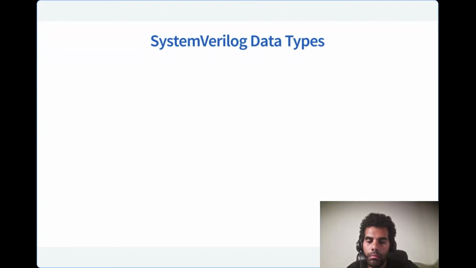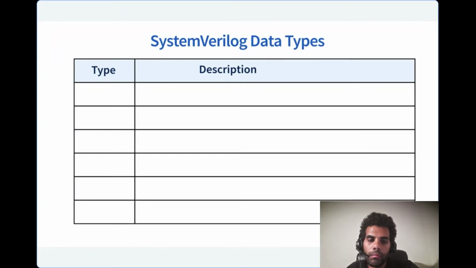So now that we've understood how to represent literal values, let's look at the full range of data types available in SystemVerilog. Different data types are chosen based on how a signal behaves and how it's used in design.